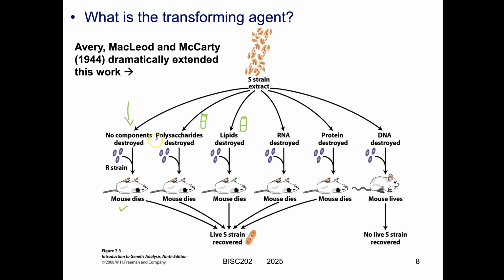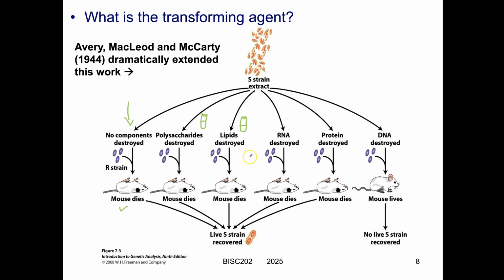So in the first one, they used enzymes that destroy polysaccharides, sugars and starches. And if you destroy those components of this extract, it doesn't alter the fact that the R strain gets transformed into the S strain, right? You can do the same with lipids. So you use enzymes that destroy lipids, the cell membranes and the different kinds of fat type molecules in there.